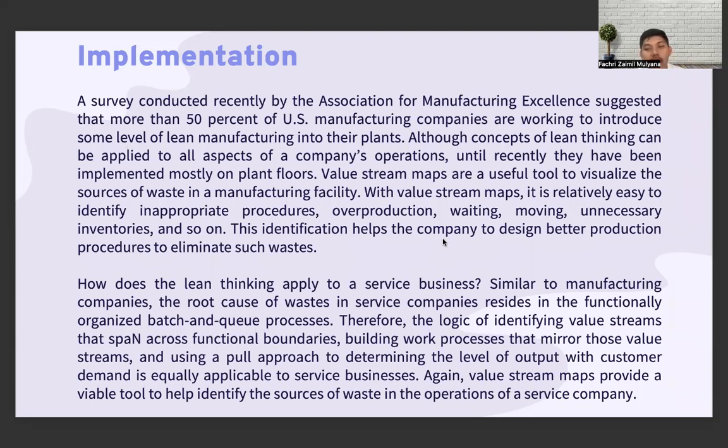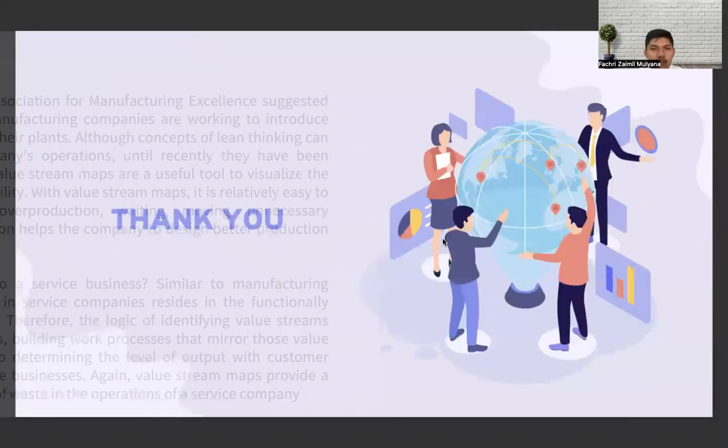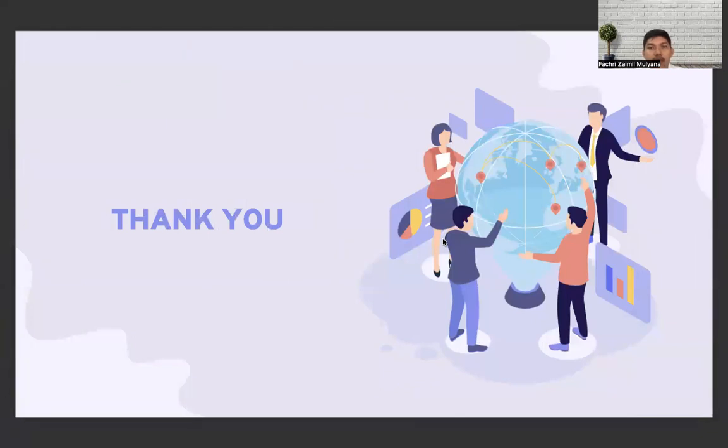Therefore, the logic of identifying value streams that span across functional boundaries, building work processes that mirror those value streams, and using a pull approach to determine the level of output with customer demand is equally applicable to service businesses. Again, value stream maps provide a viable tool to help identify the sources of waste in the operation of a service company. That's all for our presentation.